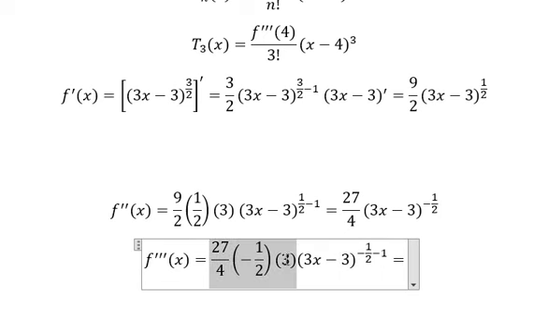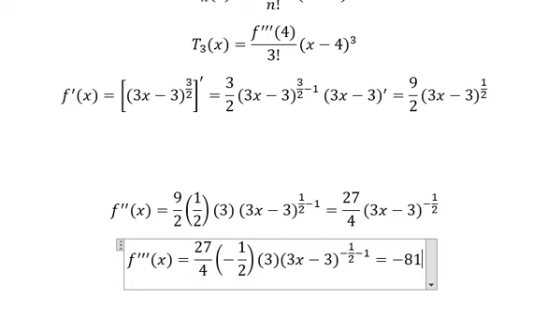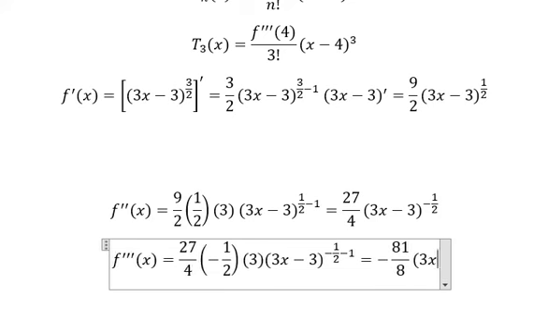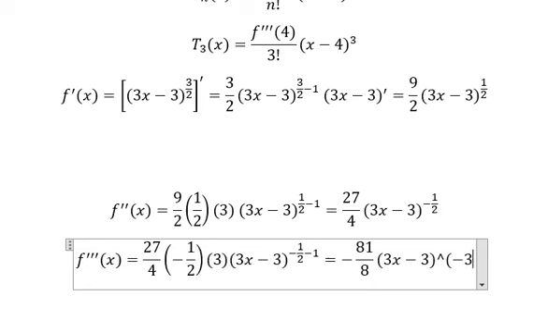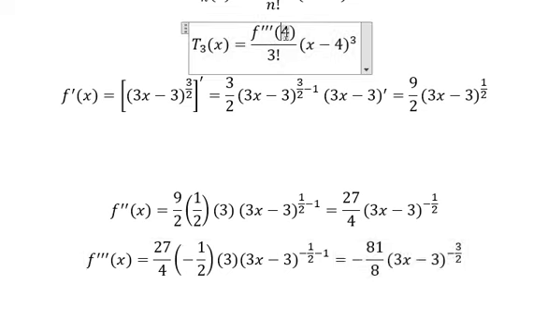So we simplify this one, and we have negative 81 over 8, and we have 3x minus number 3 to the power of negative number 3 over 2. After we got this one, we can put number 4 in here.